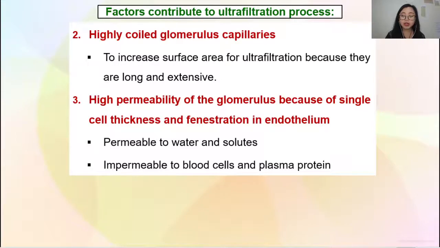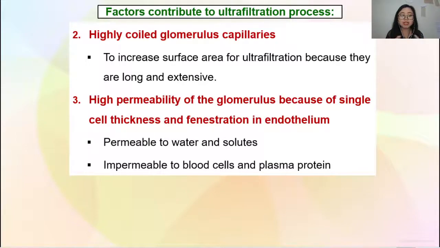Glomerulus tu, the blood capillary that is called the glomerulus, is only one cell thick. And the endothelium, which is the Bowman's capsule yang sebelah glomerulus tu, dia ada fenestration. Fenestration means lubang. The endothelium that is next to the very thin blood capillary has holes.